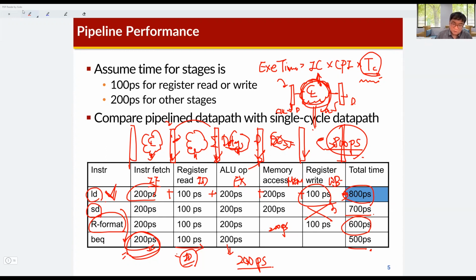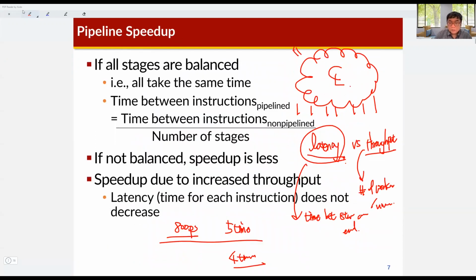The delay of the register file is 100 picoseconds, because the register file is very fast.